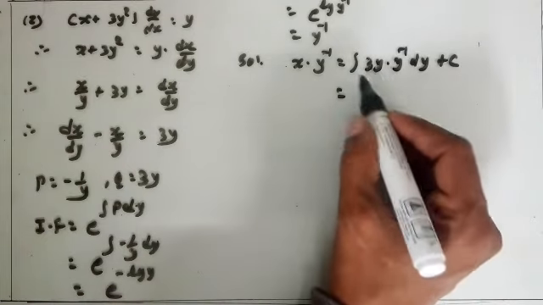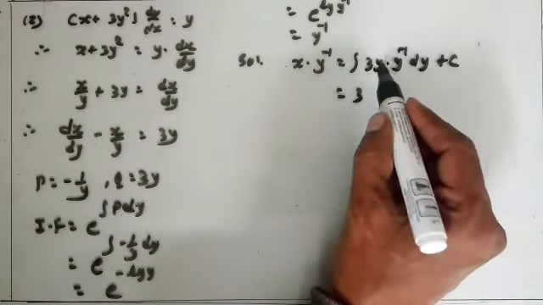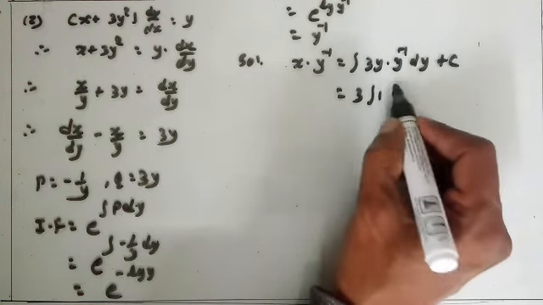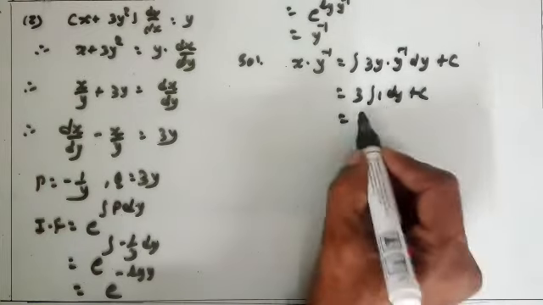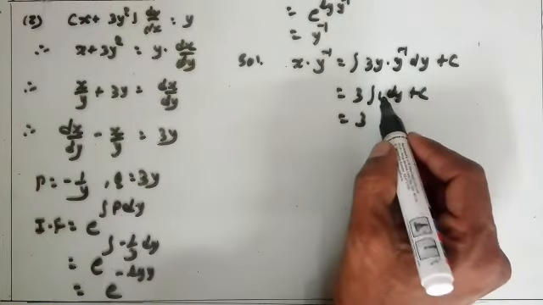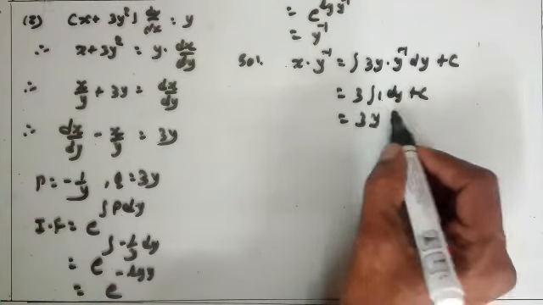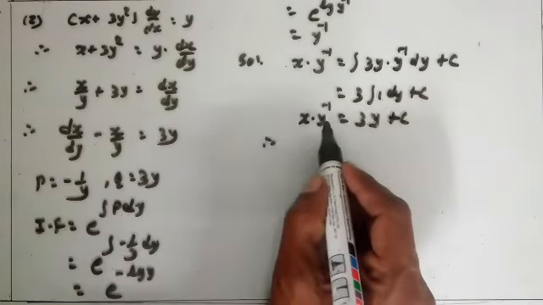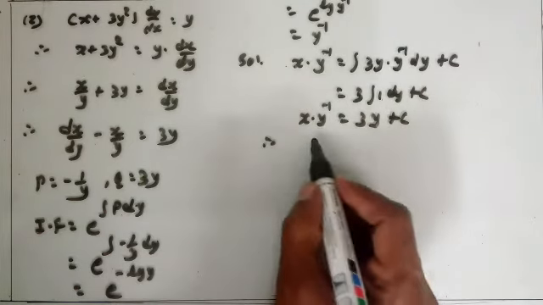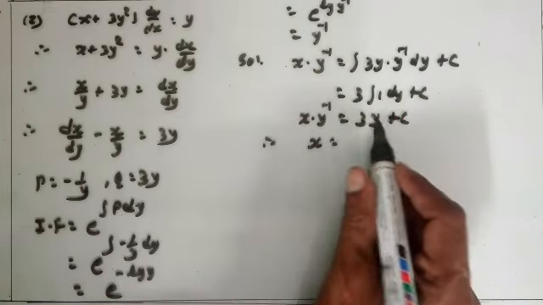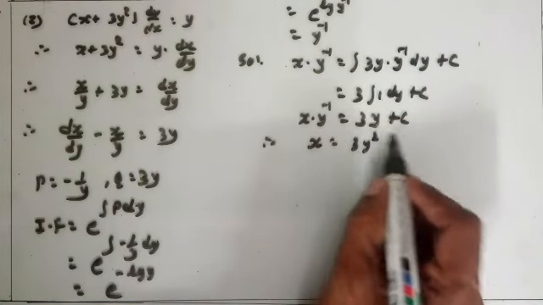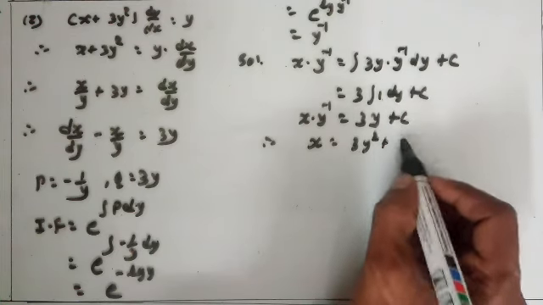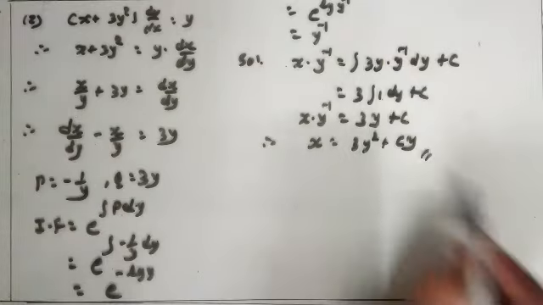So is equal to 3 take outside, y into y raised to minus 1 is equal to 1, dy plus c, is equal to 3 into integration of 1 with respect to y, is equal to y plus c, is equal to x into y raised to minus 1. Now y raised to minus 1 take this side, so we get x is equal to 3y upon y, that is 3y square, plus c upon y raised to minus 1, that becomes cy. Okay, so this is the solution.